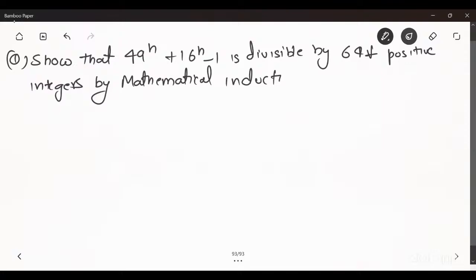Now come to the first part. That is, we have to take n equal to 1. Firstly, we have to prove it for n equal to 1.